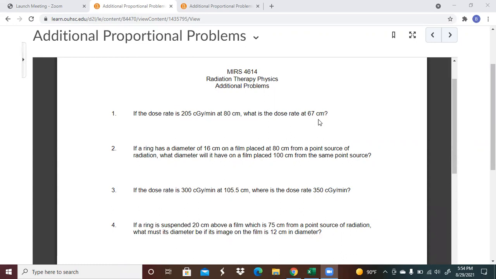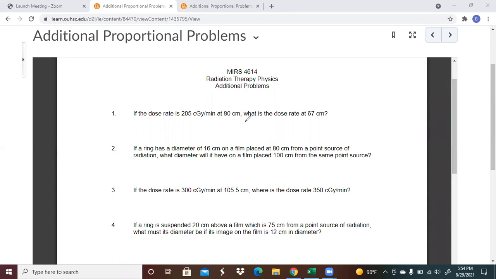Let's take a look here. All right, so now, what are we looking at here? Again, remember that we're going to be flipping back and forth in these problems between dose rates and distances.